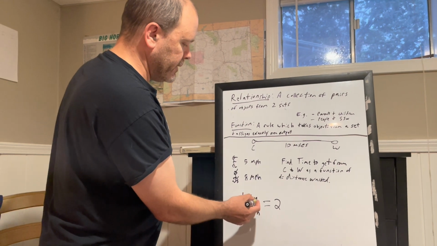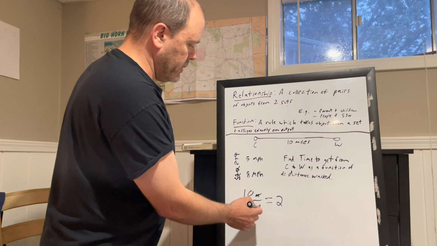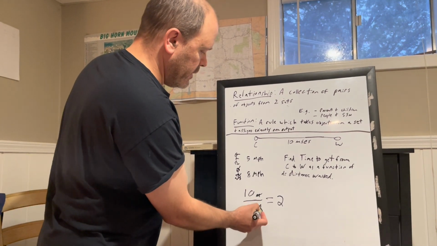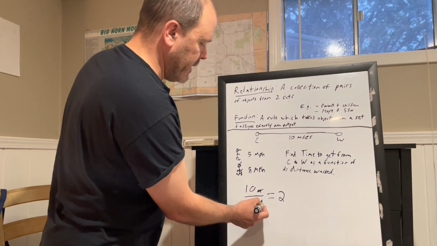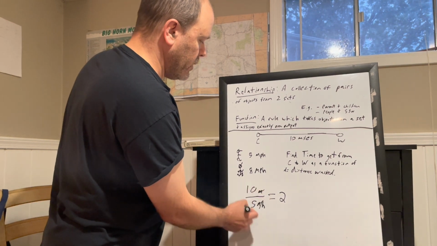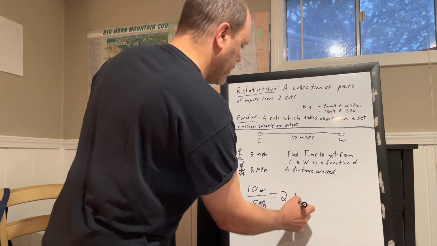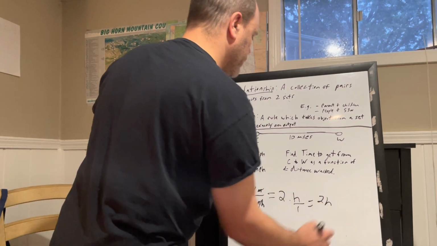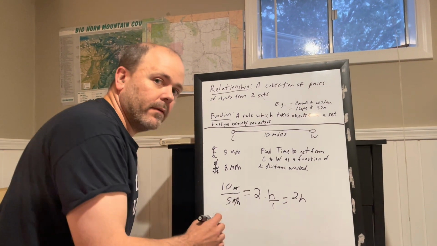Miles over miles is handled like numbers: a mile divided by a mile is 1. But then you're multiplying by 1 over h, which is the same as multiplying this whole fraction by h over 1, which just leaves you with 2h, or 2 hours.